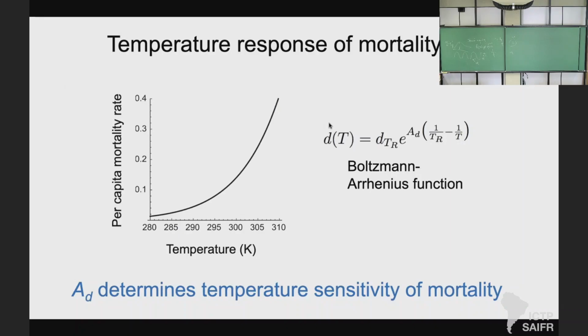So that's your sensitivity to temperature. If that curve is very steep, that species is very sensitive to temperature. If it's very shallow, it's not very sensitive. So pay attention to that parameter, the Arrhenius constant A sub D, which has units of 1 over temperature in Kelvin. Now we're in the world of Kelvin, okay?